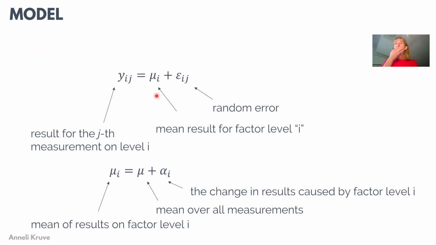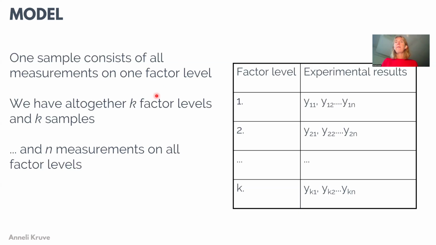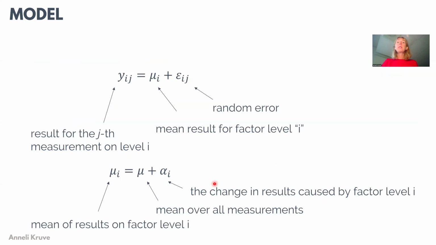Now, however, we also want to investigate the different rows relative to each other. So the extraction outcomes depending on the pH, so the factor levels that we changed. And here the assumption is that the effect of each of the factor levels is explainable by a general mean of the experimental results, so a mean experimental result across all measurements that we have done, plus the impact of the factor level.